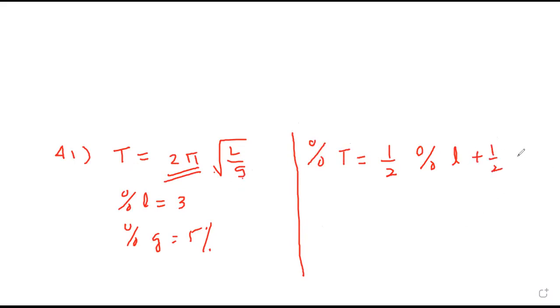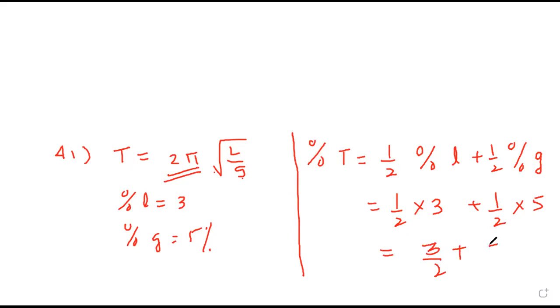Plus power half times percentage error in g. So half into 3 plus half into 5, which is 3 by 2 plus 5 by 2, which is 8 by 2, equal to 4%. I think everybody should have followed. Understood. Okay.